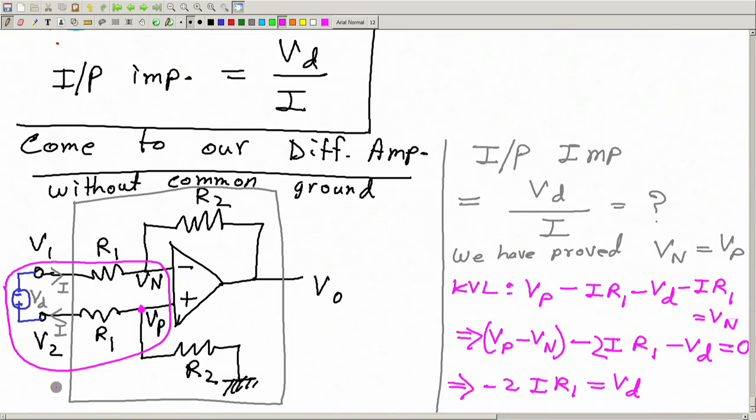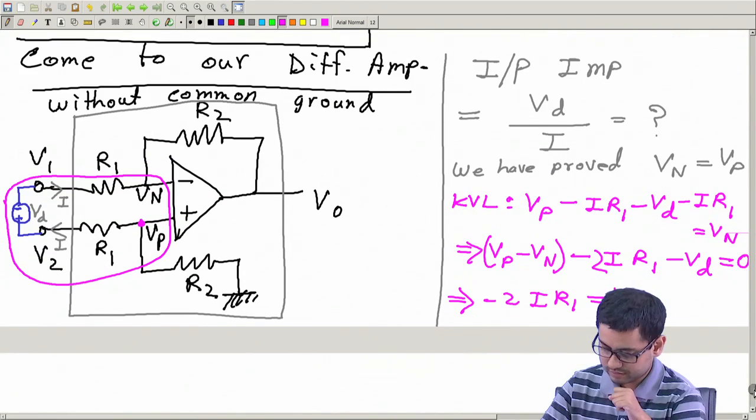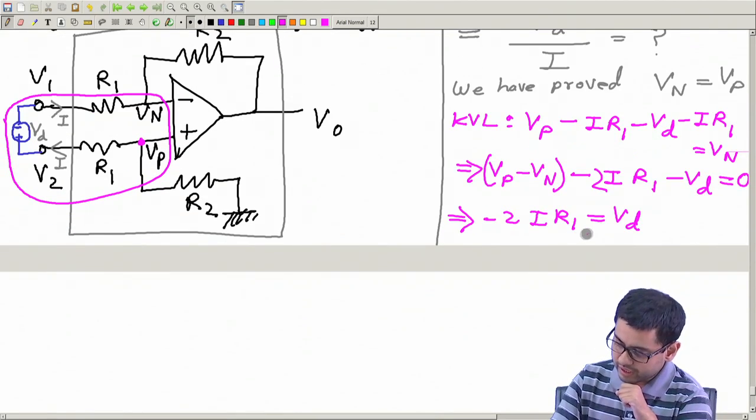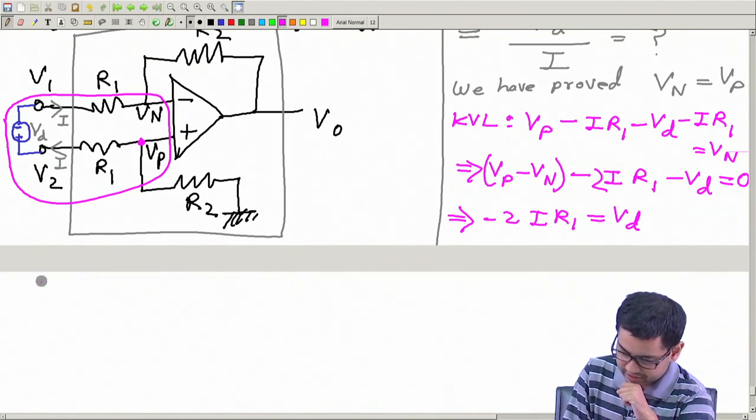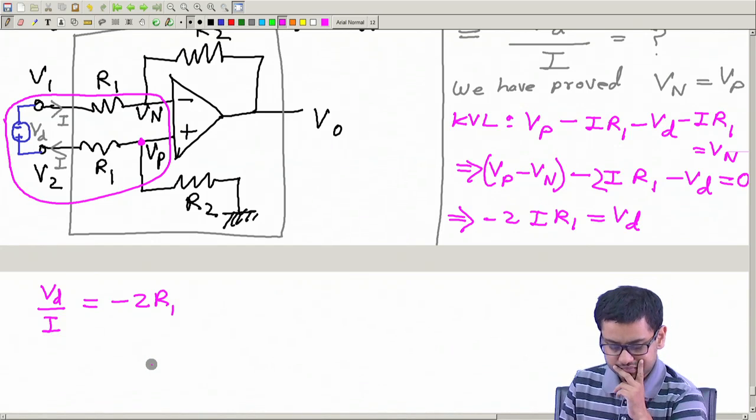Okay, and then from this we can write that Vd by I is equal to minus 2 R1, right?